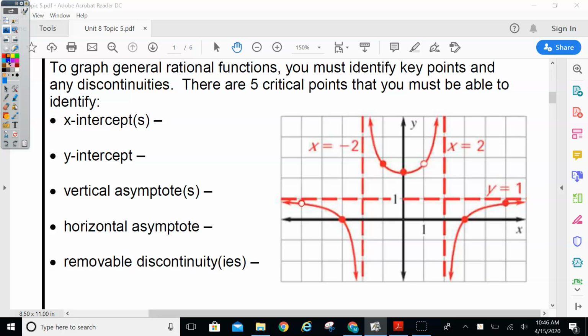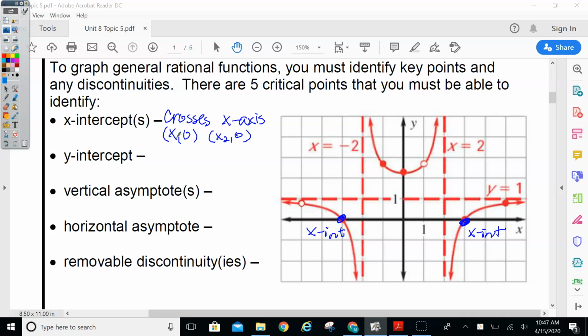Okay, so we have a lot of the same critical values as we did before, but now we add a fifth one. So x-intercepts are still where the graph crosses the x-axis, which in this case would be this point and this point. And these are always given as coordinates. So x1, 0, x2, 0.